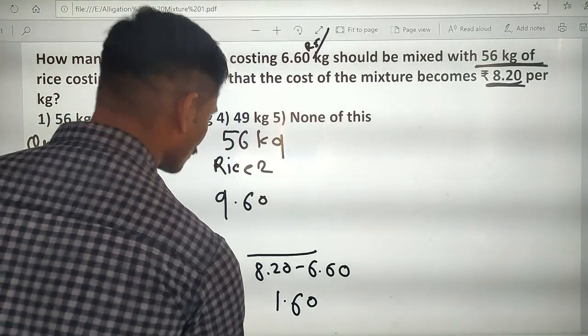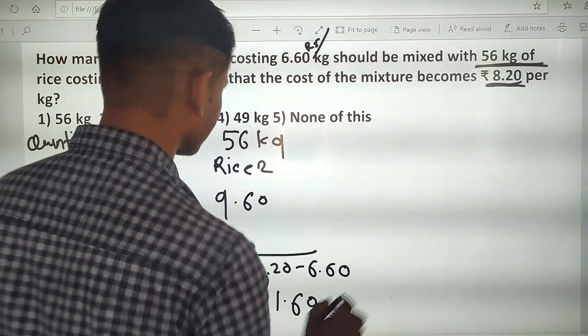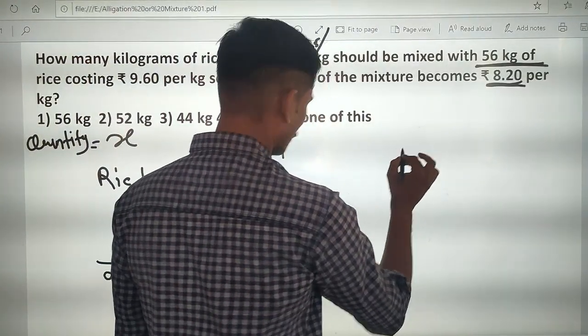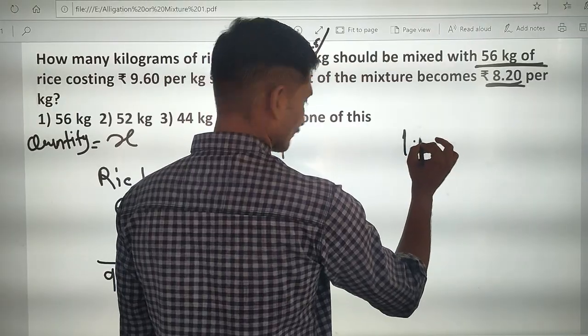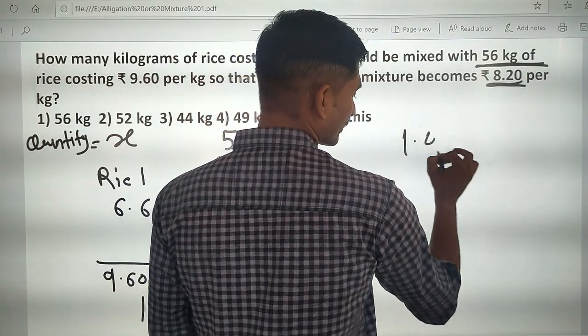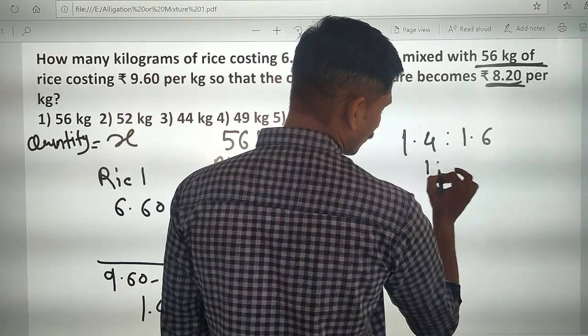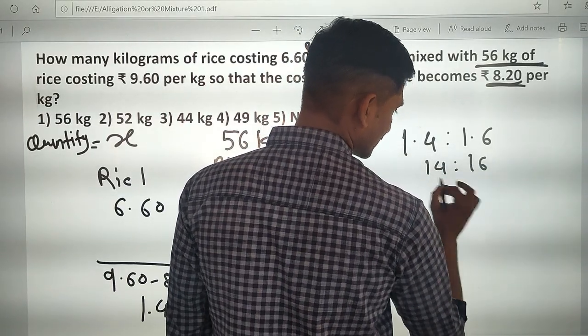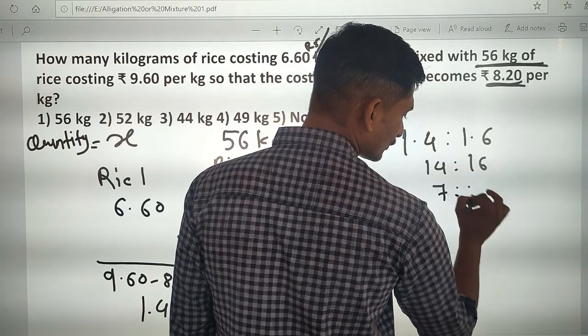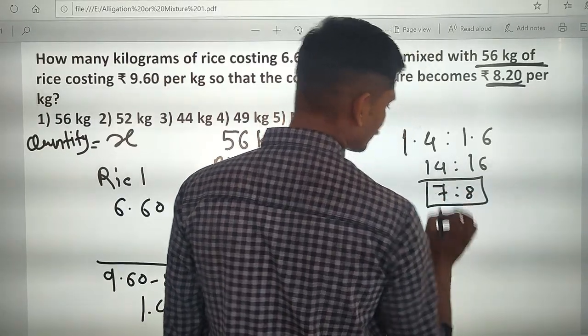Okay? Then the ratio of these two quantities is 1.4 to 1.6, that is 14 to 16, that is 7 to 8.